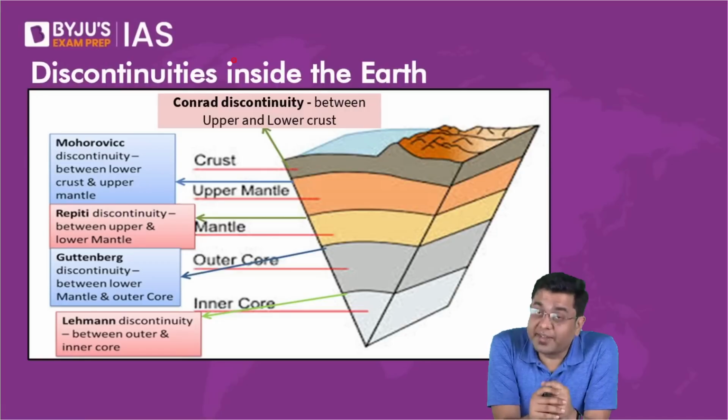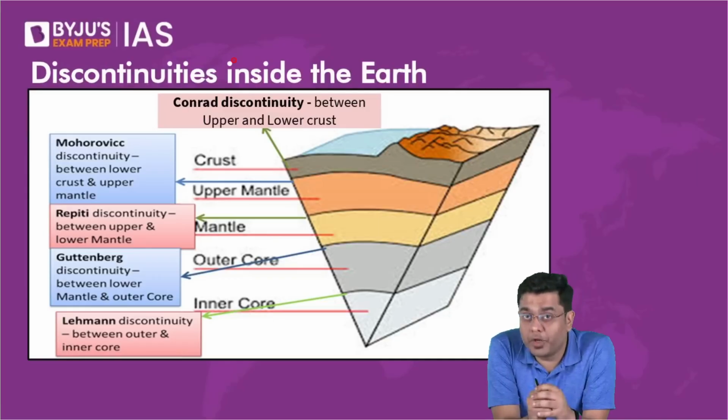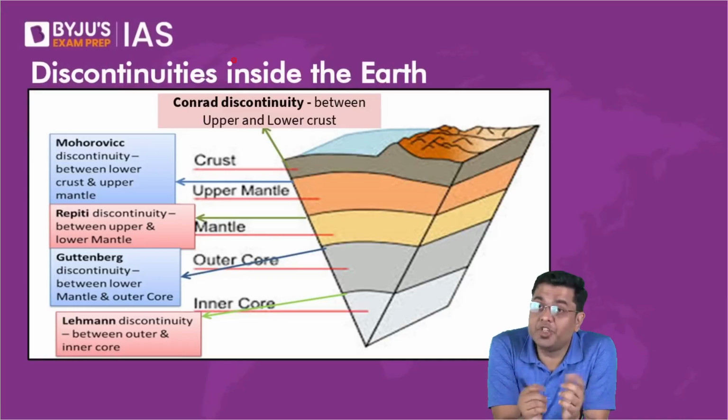Then, the discontinuity separating crust and mantle, differentiating the materials and their particle arrangement, is referred to as the Mohorovic discontinuity, or simply the Moho discontinuity. Then similarly, the upper portion of the mantle and the inner portion of the mantle are differentiated by the Repeti discontinuity.